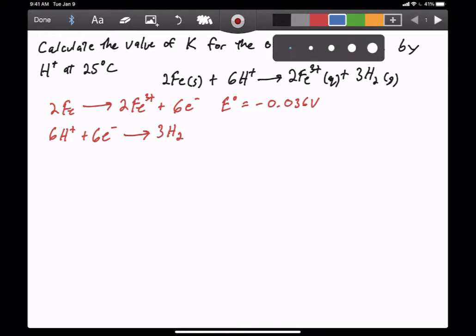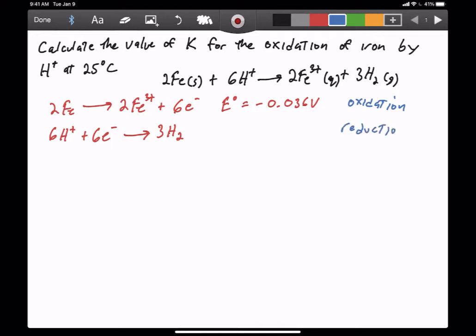We can go ahead and write that this is the oxidation reaction because we see that the iron is losing electrons there, and we see that the H+ is gaining electrons, and so that is our reduction half reaction there.